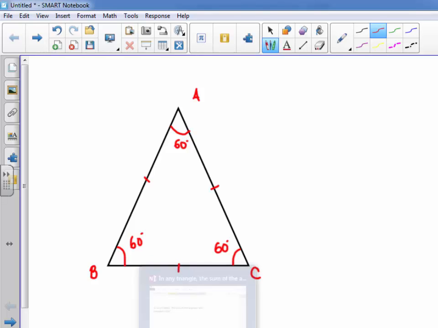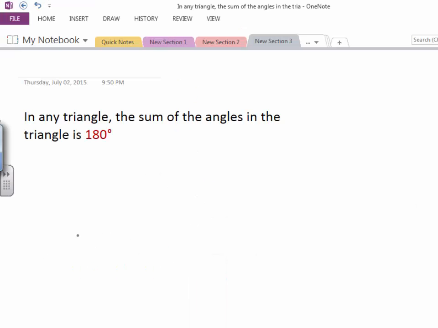So we can write that angle A plus angle B plus angle C equals 60 plus 60 plus 60 equals 180 degrees. Here is a proof that if I include all three angles, the sum equals 180 degrees.